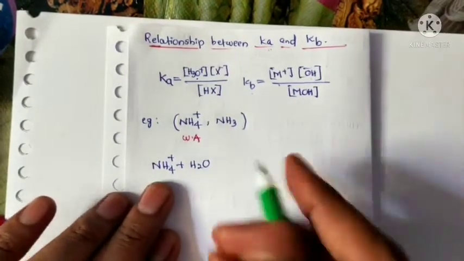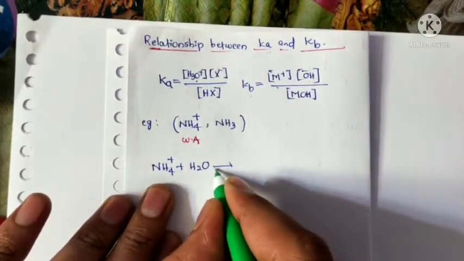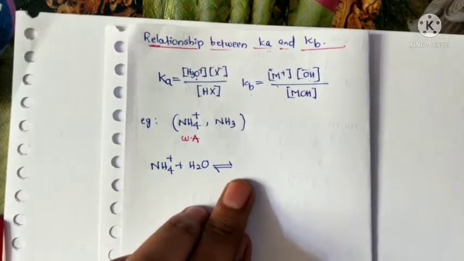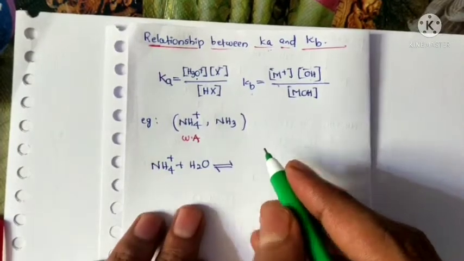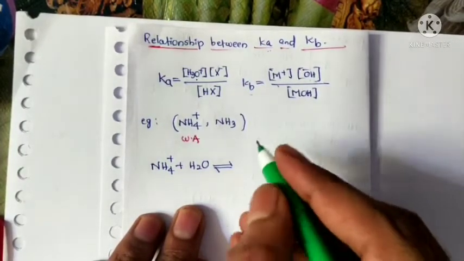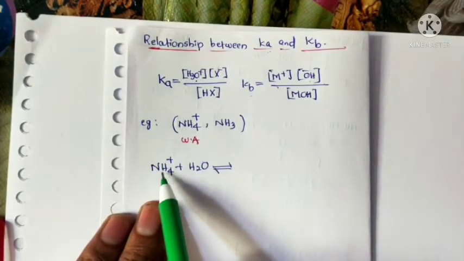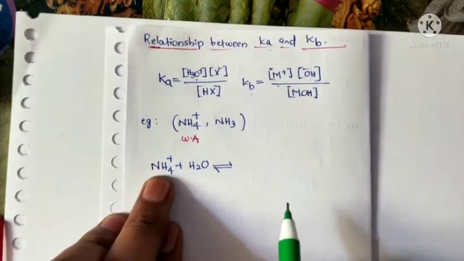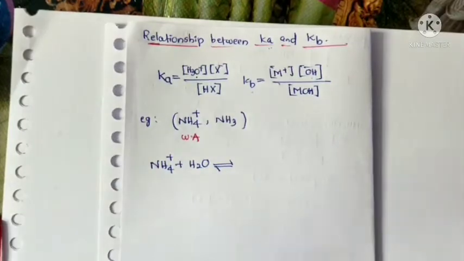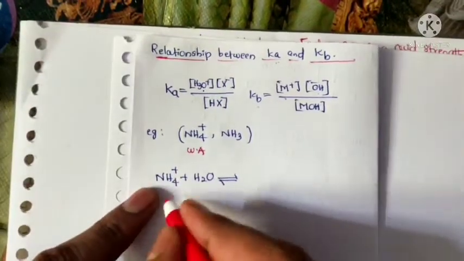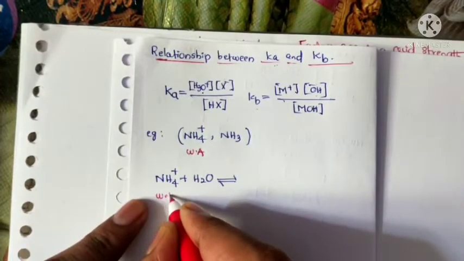It is a weak acid, that's why equilibrium exists between undissociated molecules and the dissociated ions. The ammonium ion acts as a proton donor, that's why it is an acid.